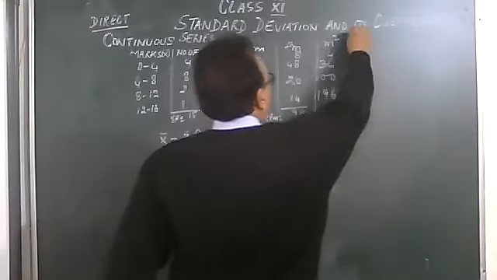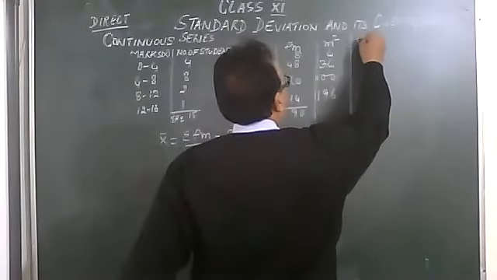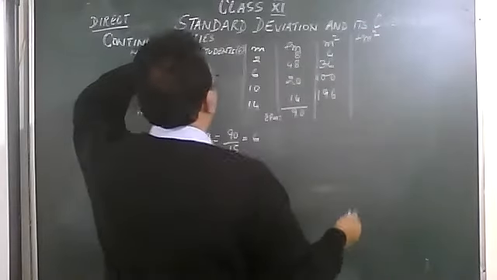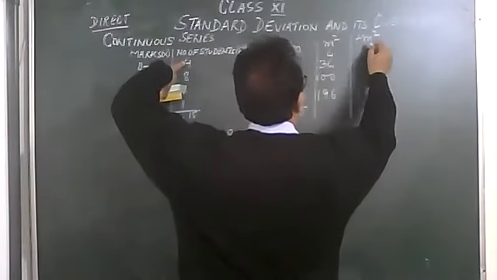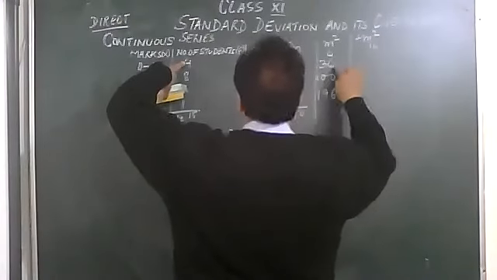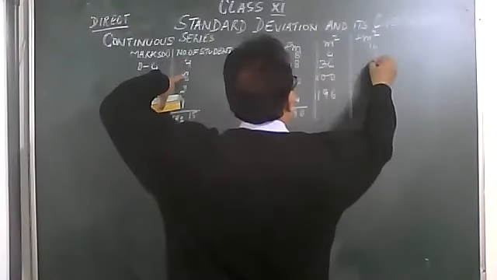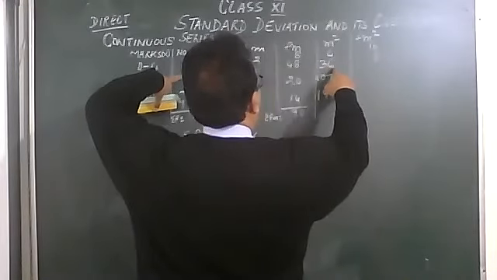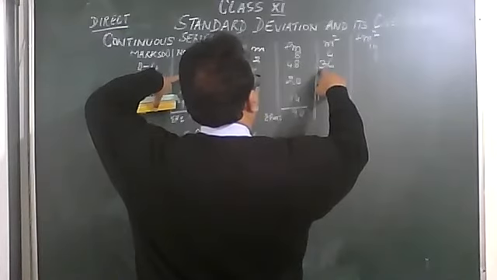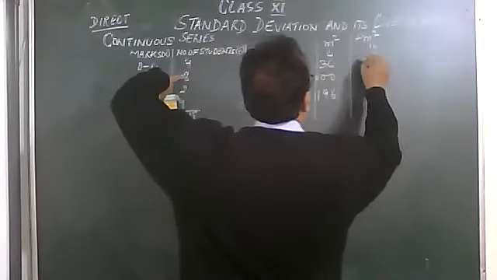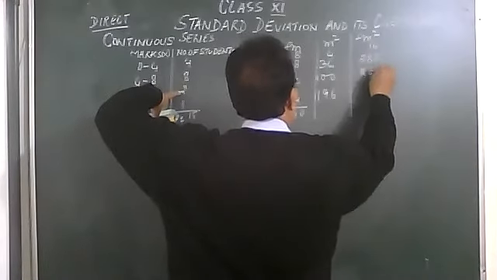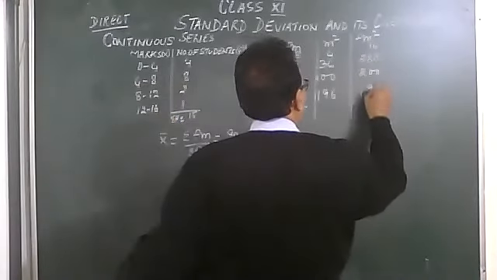Now with this, f times m squared: 4 4s are 16, 6 8s are 48, 8 3s are 24, 100 2s are 200, 196.